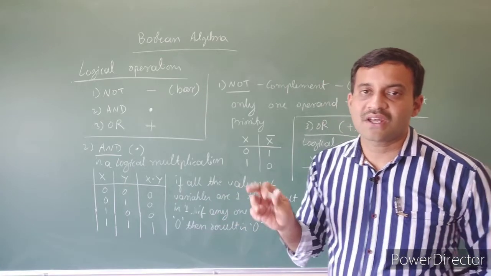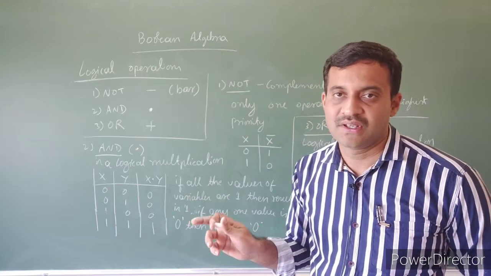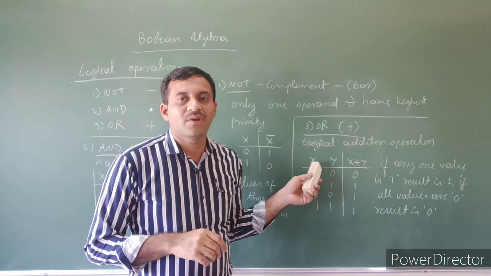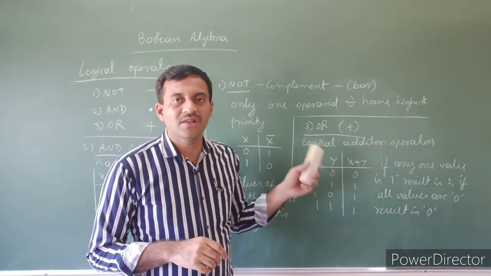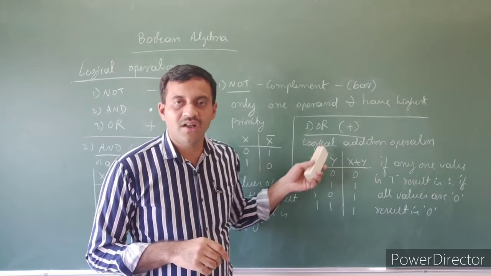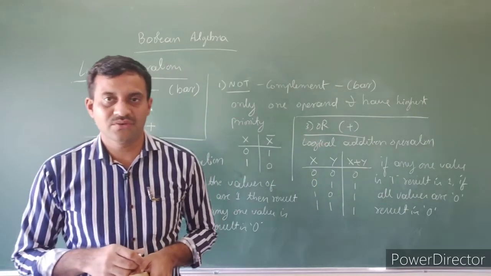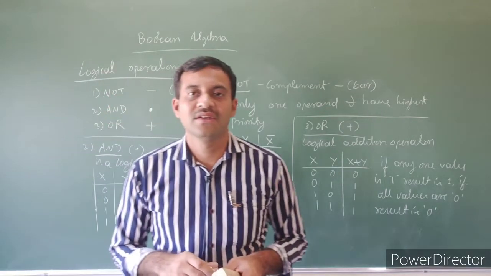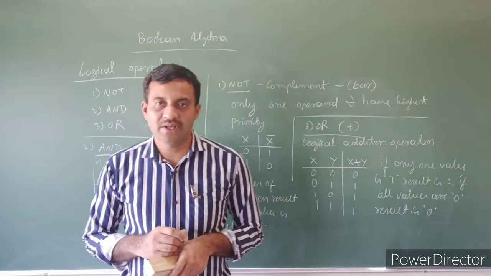If all the input variable values are 1, then the output is 1. In an OR operation, if any one of the variable values is 1, the result is 1. If all the values of the variables are 0, then the result is 0.